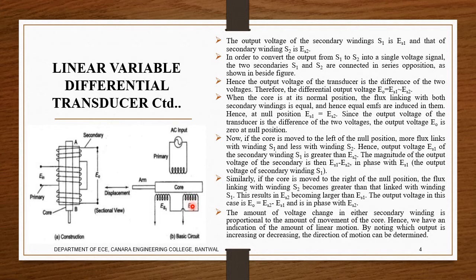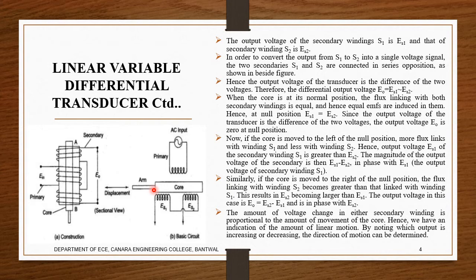So at that time ES1 minus ES2 is 0. That time the voltage across ES1 minus voltage across ES2 is 0. Now if the core is moved to the left side, what will happen?